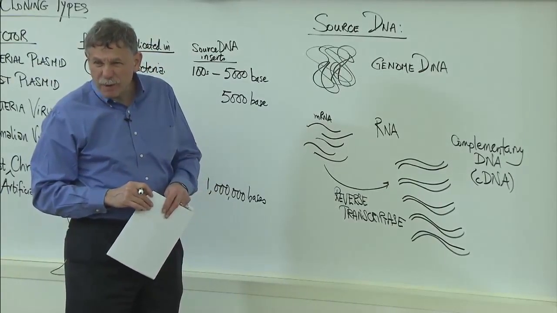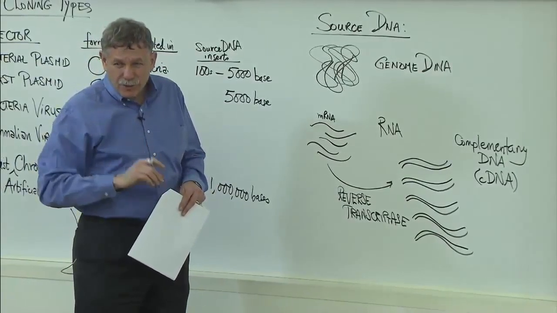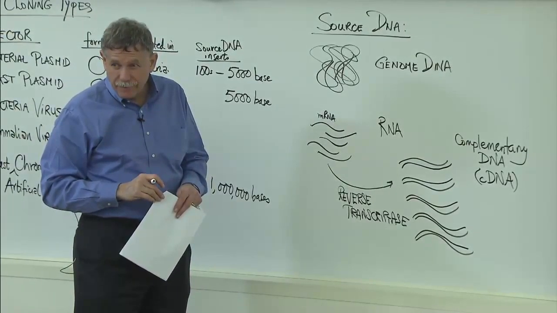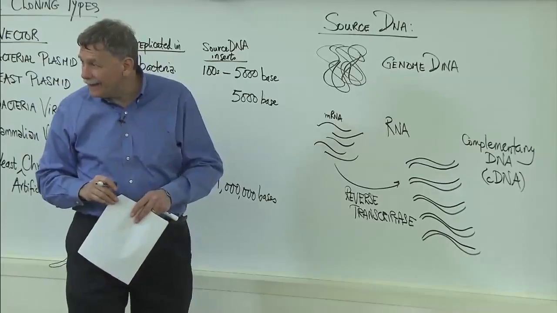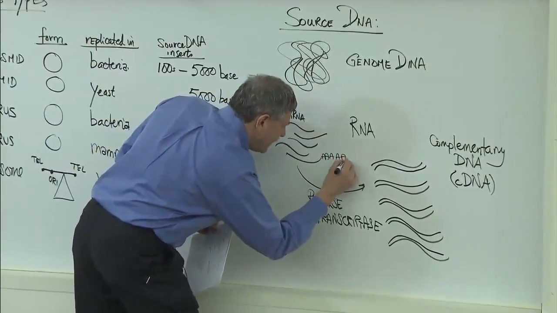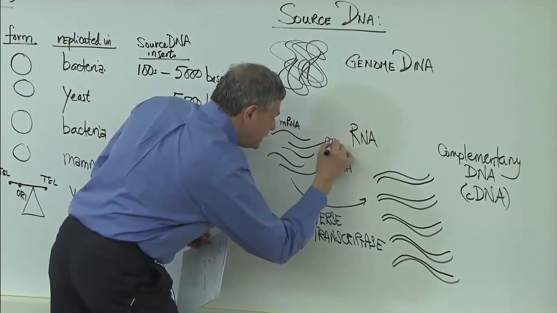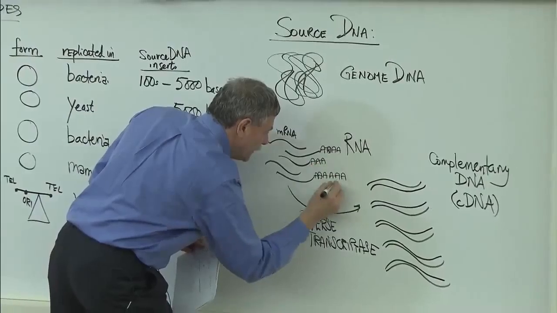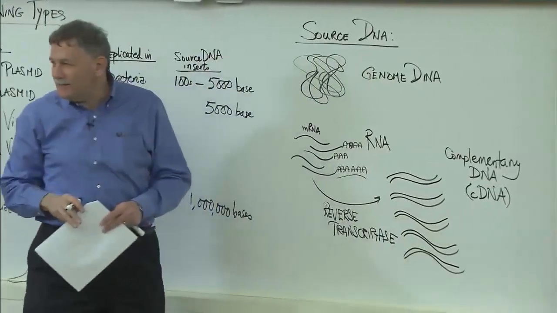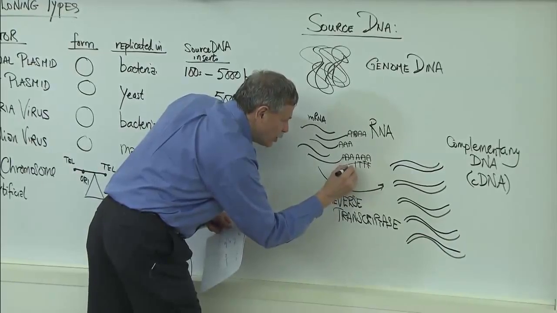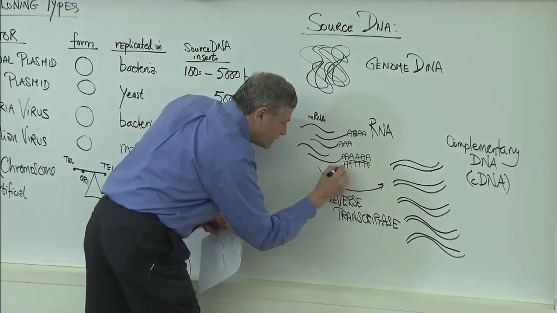Another trick. Do you remember something about messenger RNAs in eukaryotic cells? What do they have at the end of them? Poly-A. All of these messenger RNAs have poly-A tails. Any idea what we might use as a primer? T, coming back. Very good. So we can actually start the reverse transcription process with T coming back.